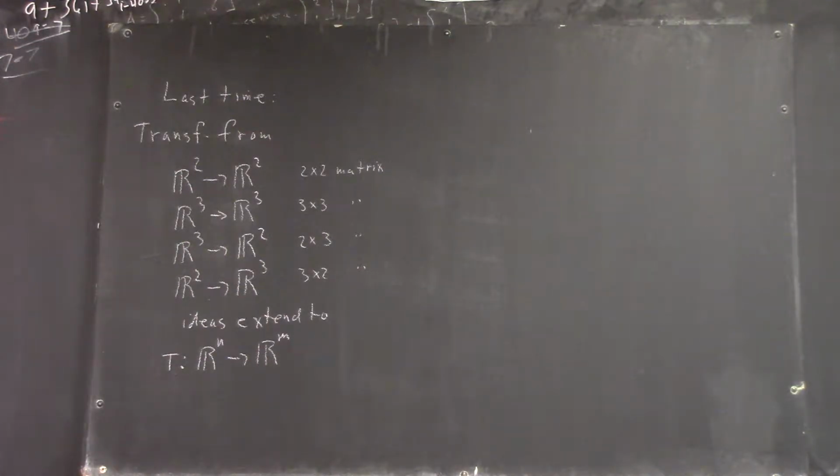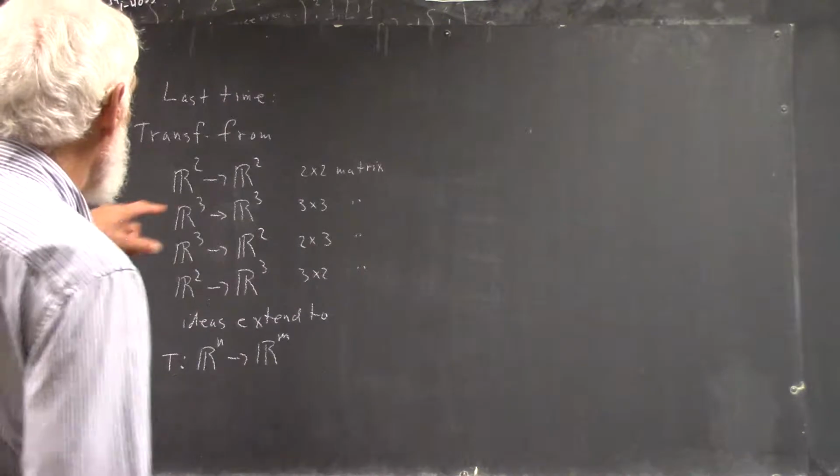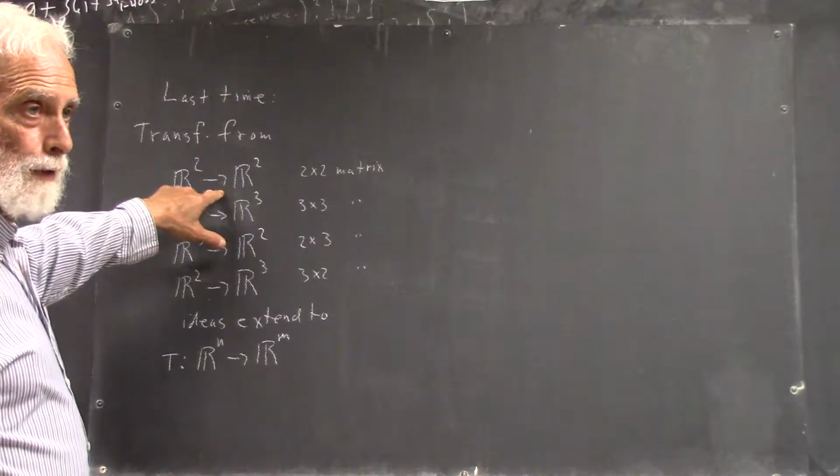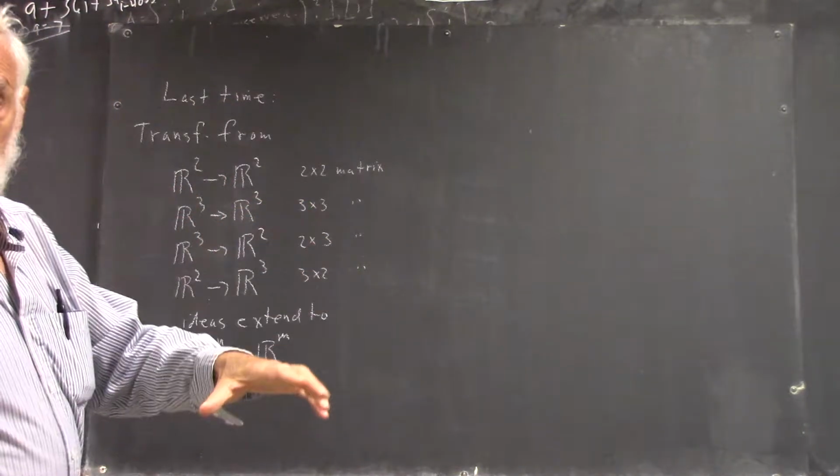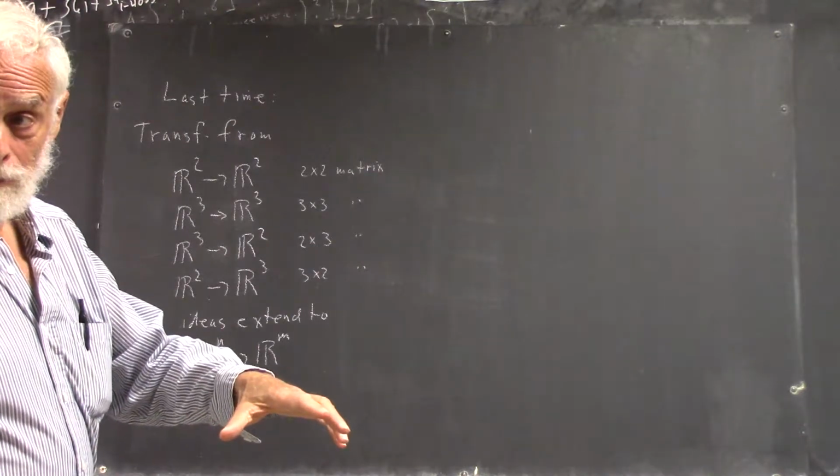Sometimes, for R2 to R2, the transformation could take all of R2 to all of R2. Okay?